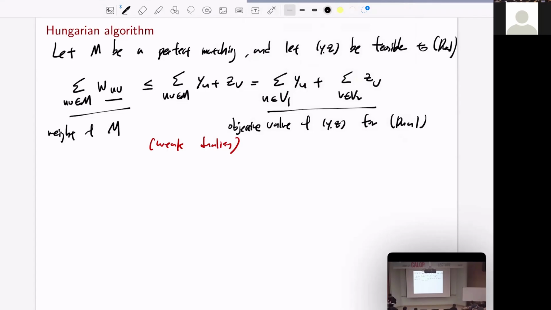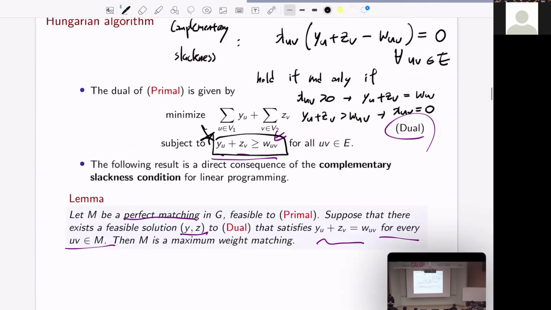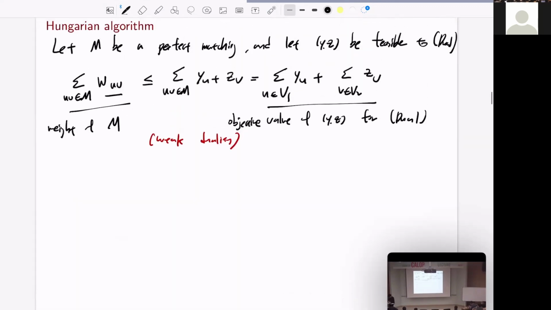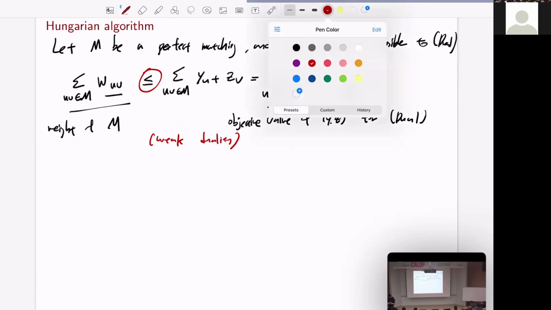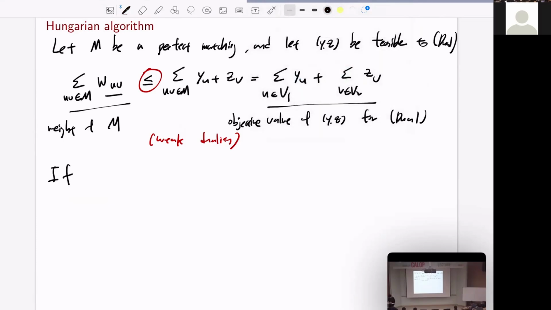Now, let me use the condition that my matching consists of edges that satisfy this dual constraint with equality. That is my condition. Let me write it down again.